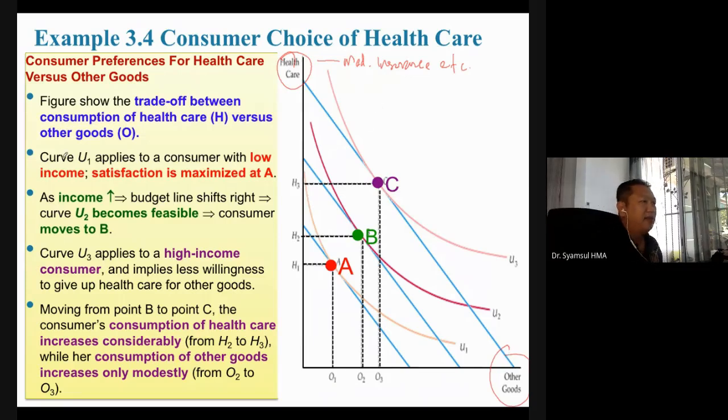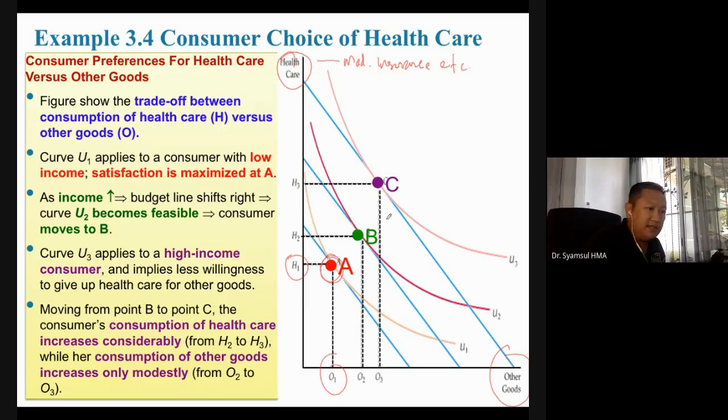Curve U1 applies to a consumer with low income. Satisfaction is maximized at A here. This is a normal person. They want more, U2 or U3, but because of the budget, they stick at A, with this amount of healthcare and this amount of other goods.